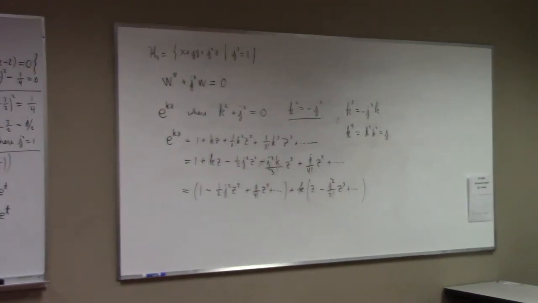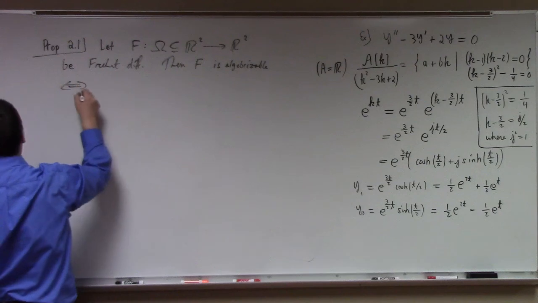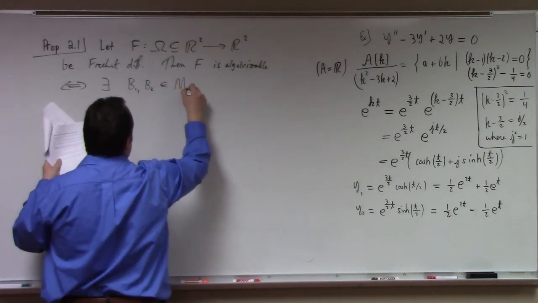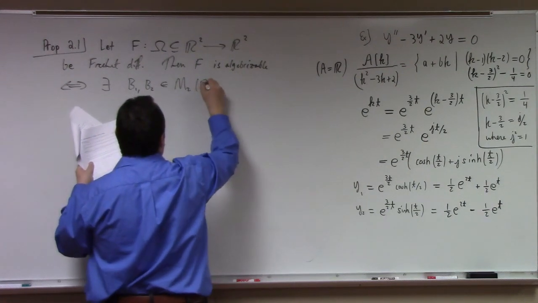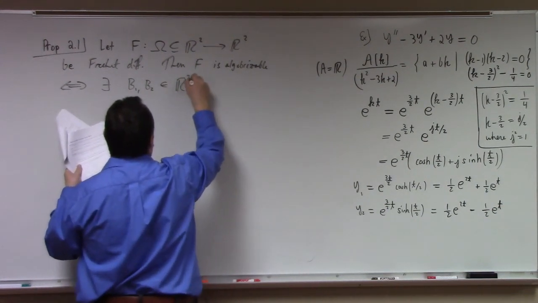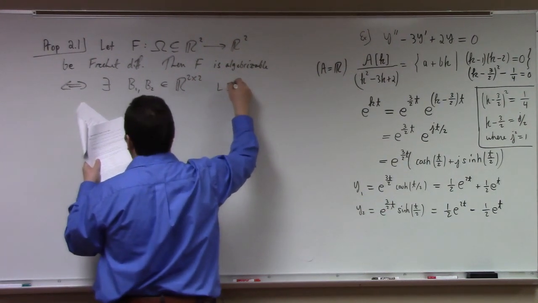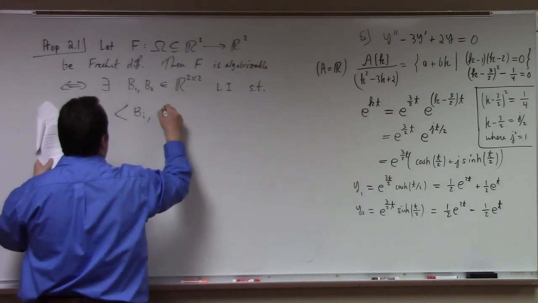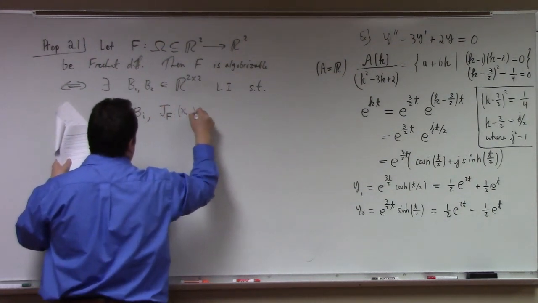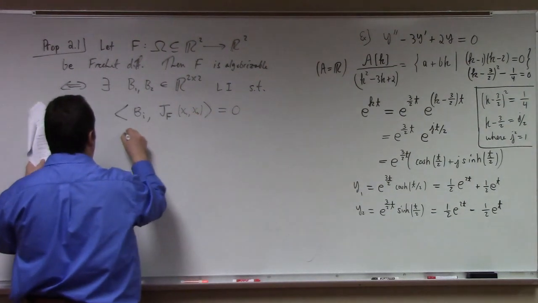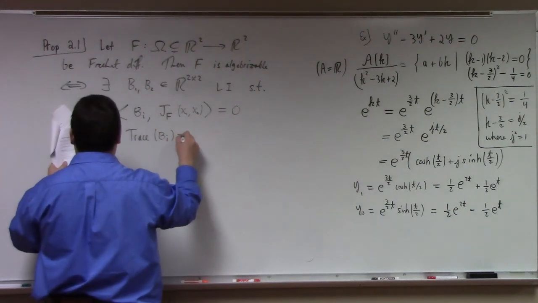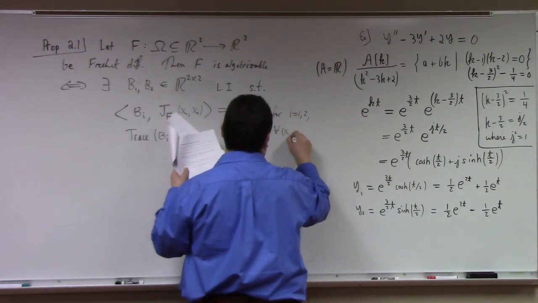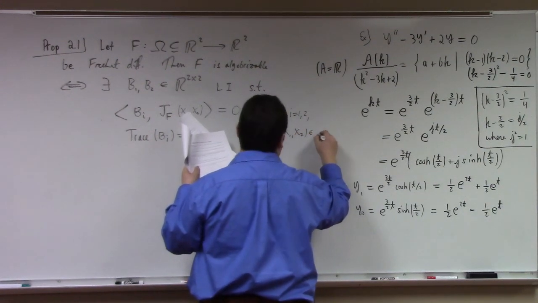If and only if there exist B1, B2 in R^(2x2), 2 by 2 matrices, linearly independent, such that the inner product of B sub i with the Jacobian of f at the point x1, x2 is equal to 0, and the trace of B sub i is equal to 0 for i equals 1 and 2, and for all x1, x2 in the open domain on which this function is given to be Fréchet differentiable.